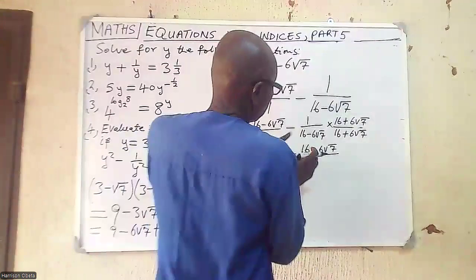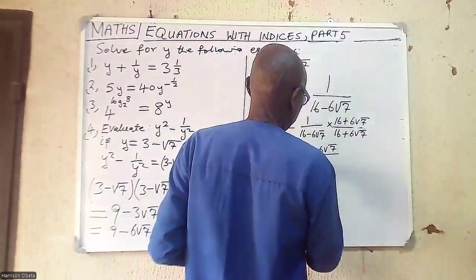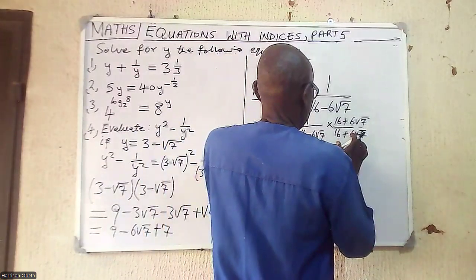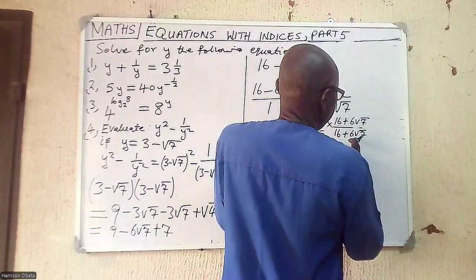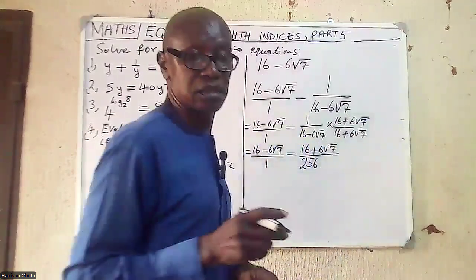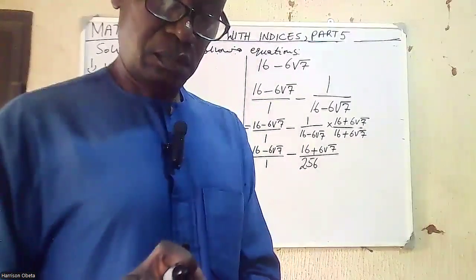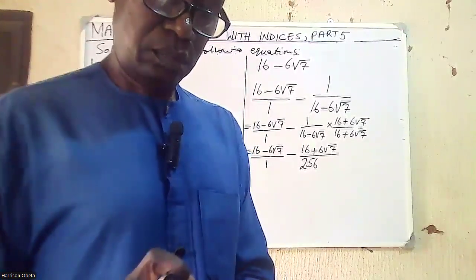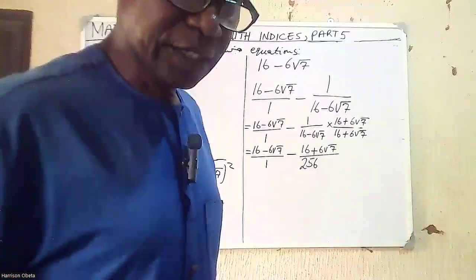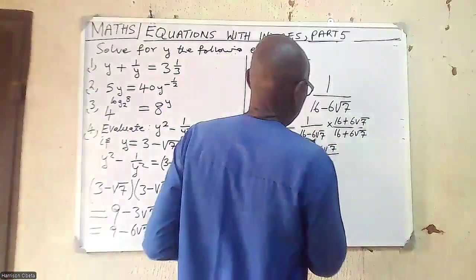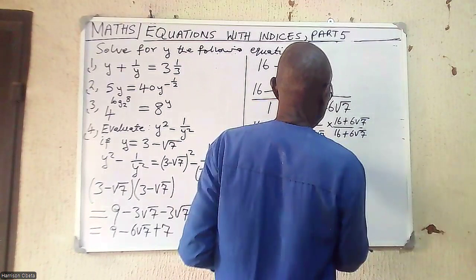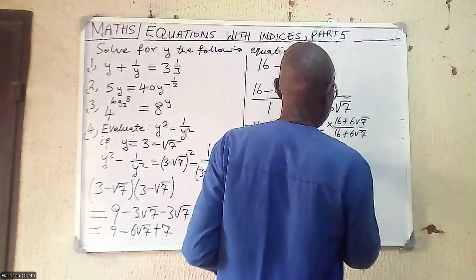So 16 times 16, 256. 16 times 6 root 7 will give us 96, so 16 times this will give us plus 96 root 7.